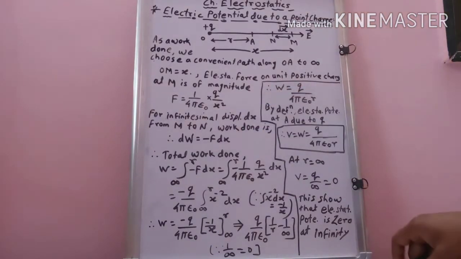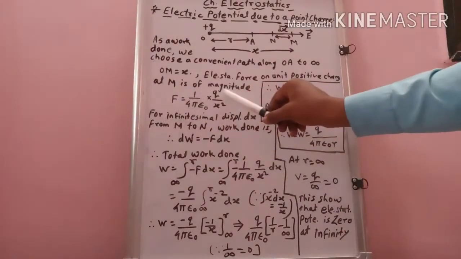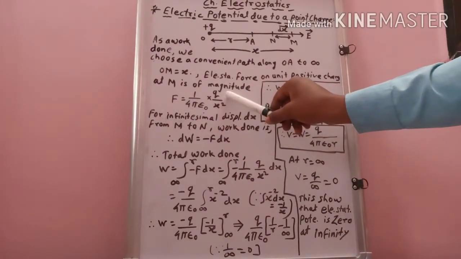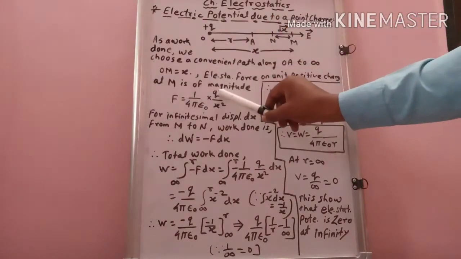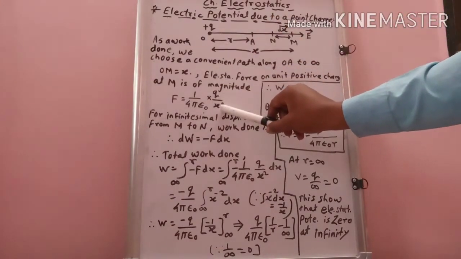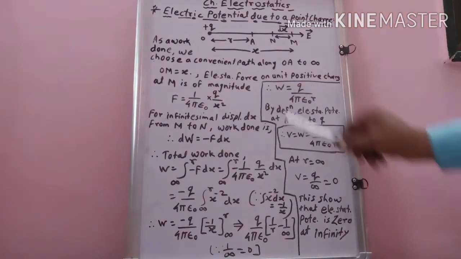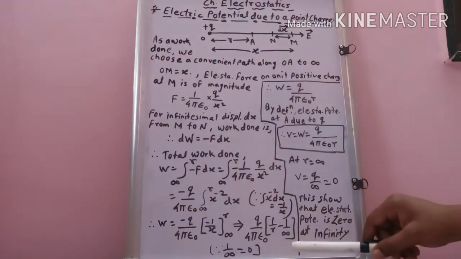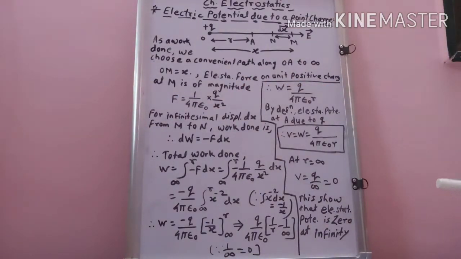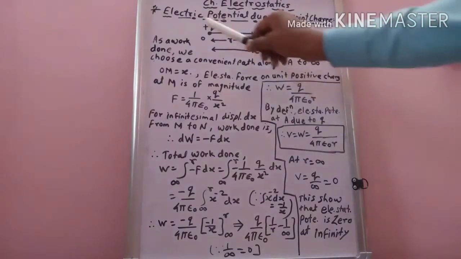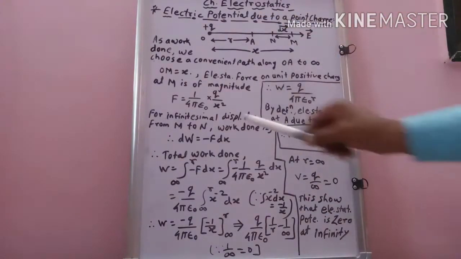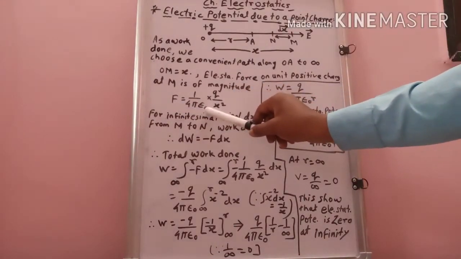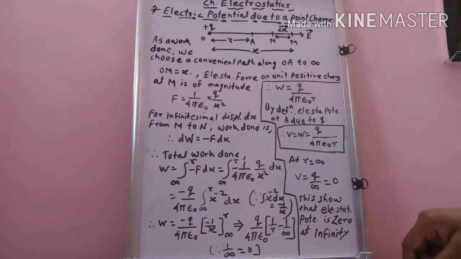By Coulomb's law, the force is directly proportional to the product of the magnitudes of the charges, here only Q, and inversely proportional to the square of the distance x between them. It is directed away from O along OM.